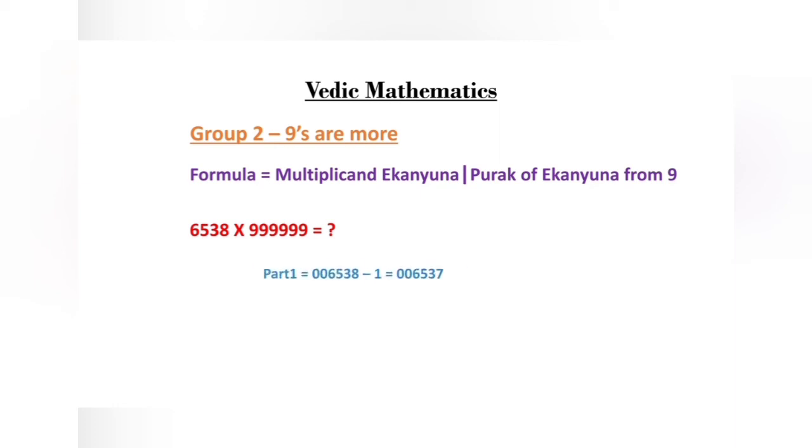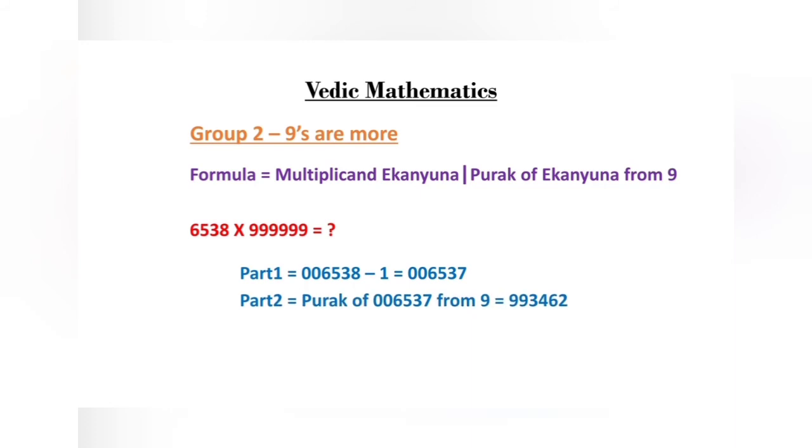Part 1: 6538 is the same as 006538 and Ekanyunya of it is 006537. Part 2 is Puraka of 006537 from 9, which is 993462, and hence the answer is 006537993462, that is the same as 6537993462.